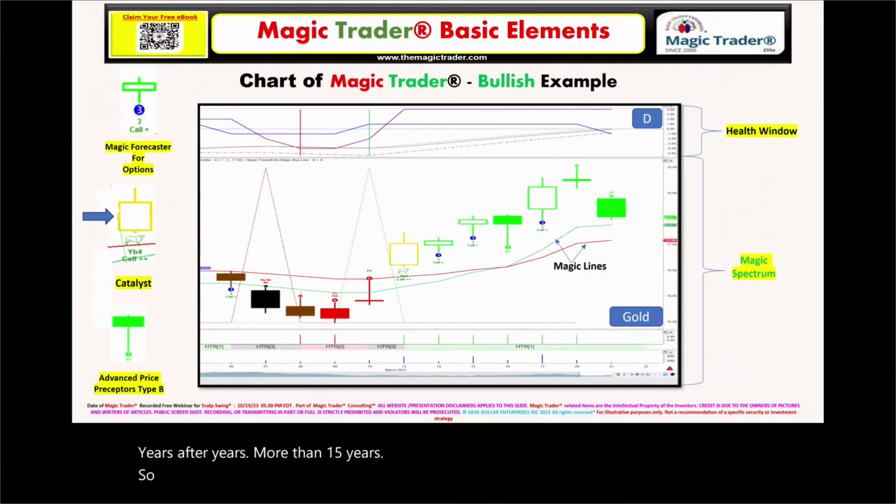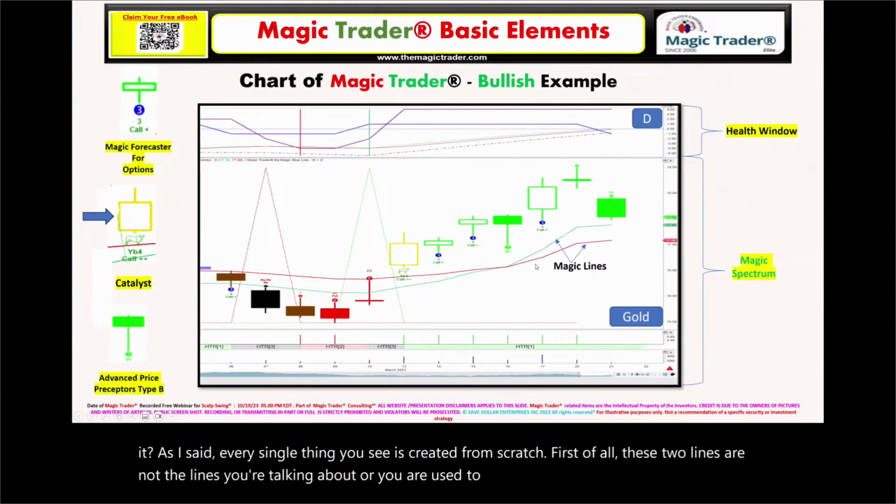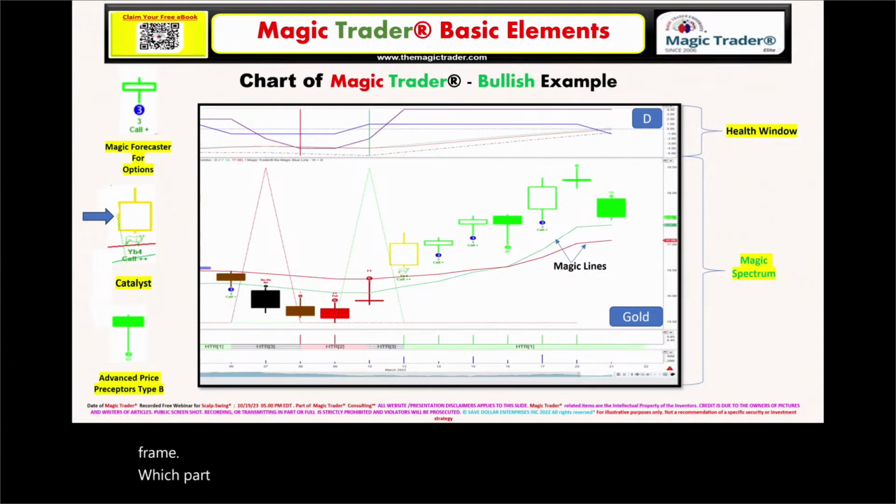So we're going to talk about the basic elements. What is this Magic Trader? What is so special about it? As I said, every single thing you see is created from scratch. First of all, these 2 lines are not the lines you're talking about or are used to. They are custom made for each time frame, which MetaStock did a great job putting together. So you cannot assume these are the same lines.